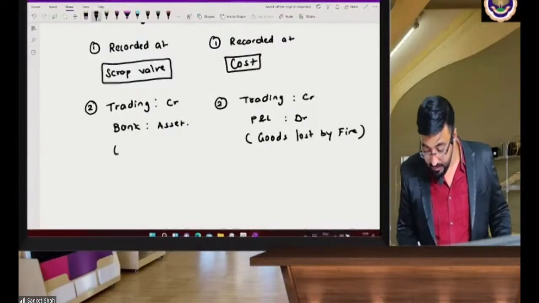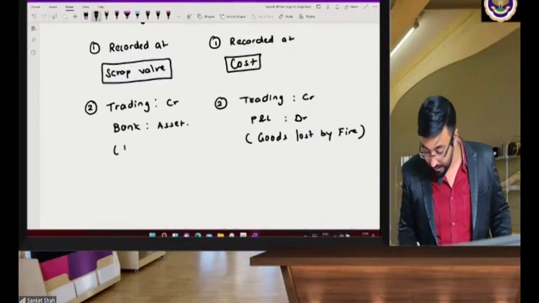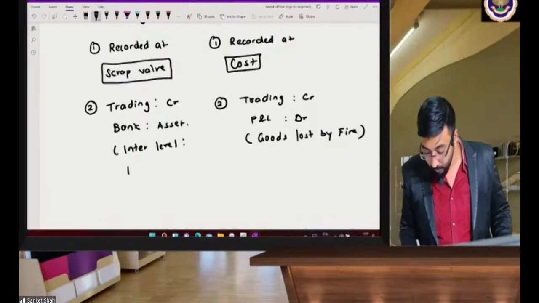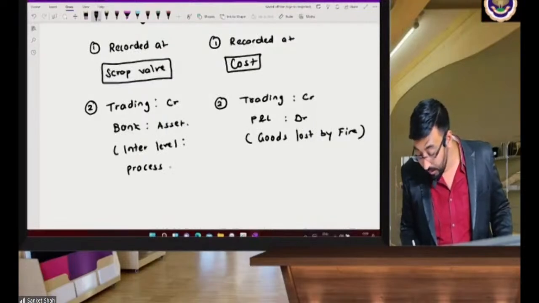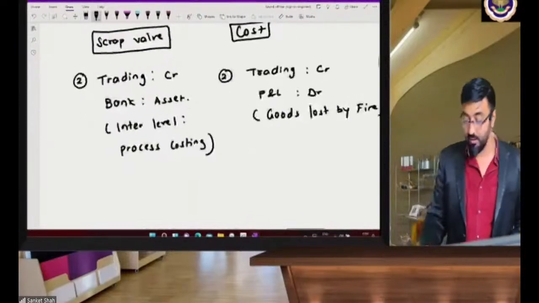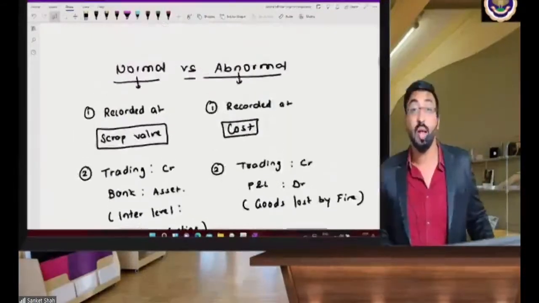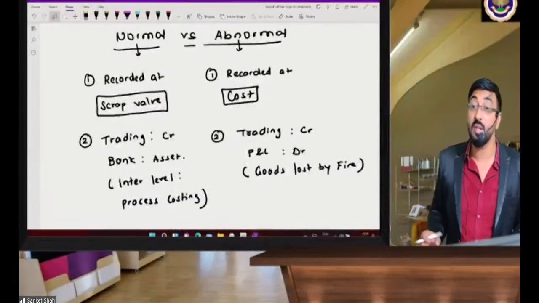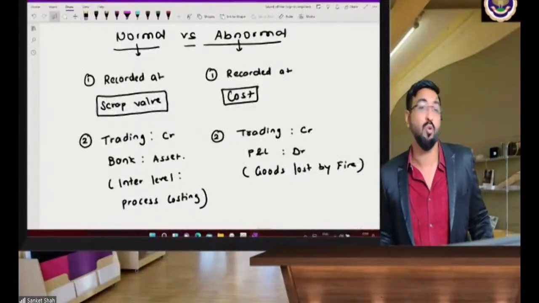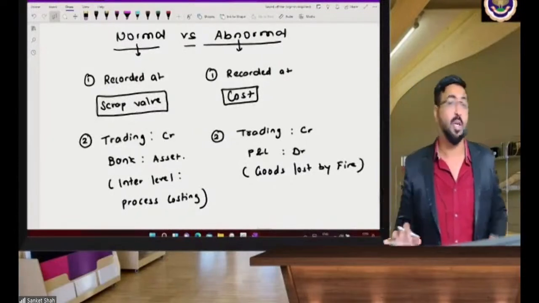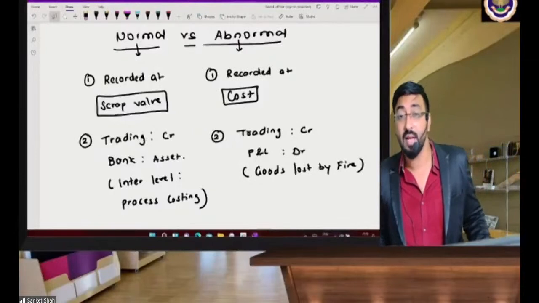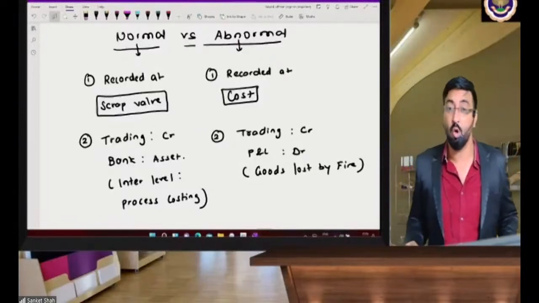This normal loss you will understand at inter level, where in costing I am going to teach you in process costing. Actually you do not have this scrap value calculation at foundation level. It is only for your concept clarity that I am giving you this example of normal loss recording.